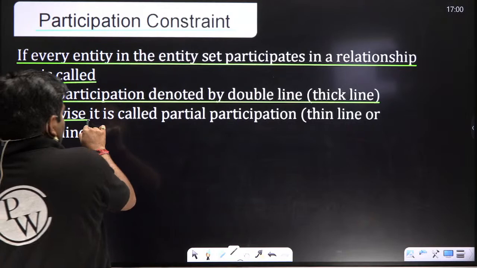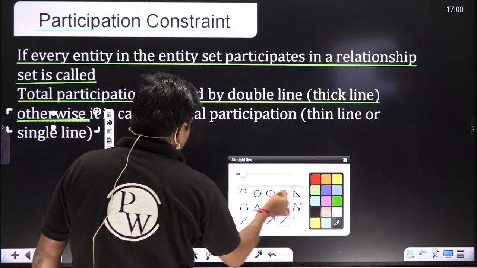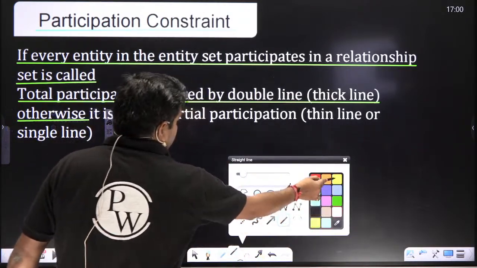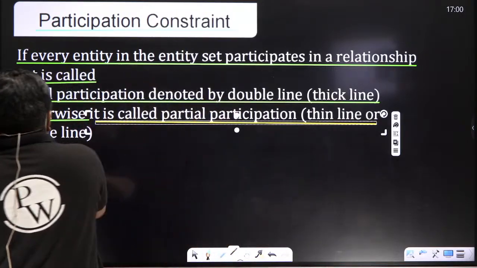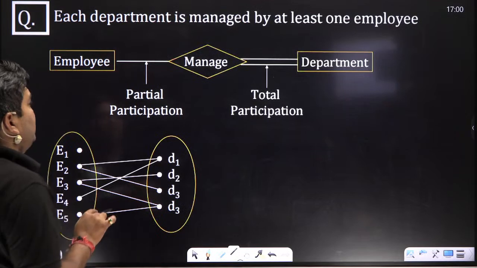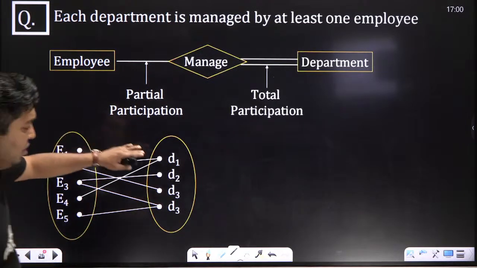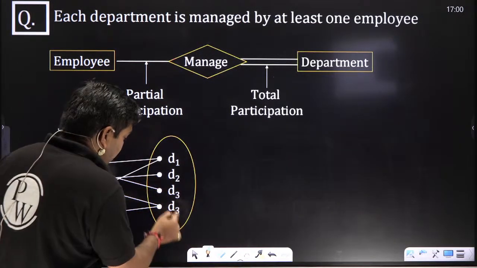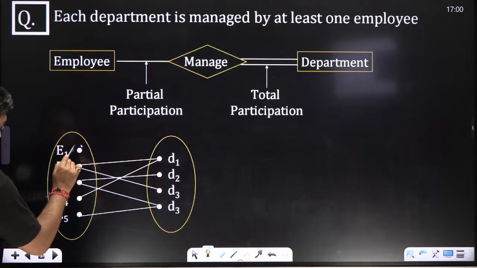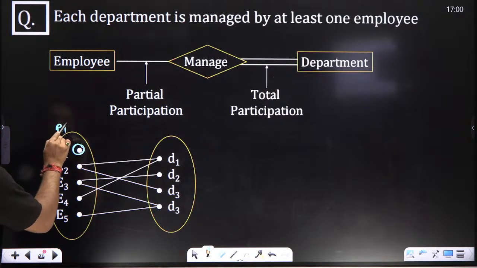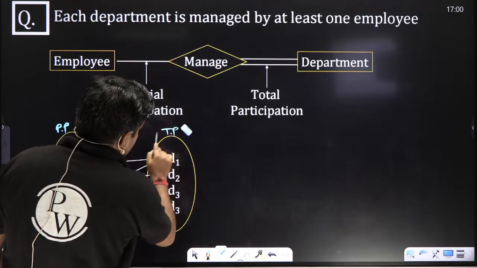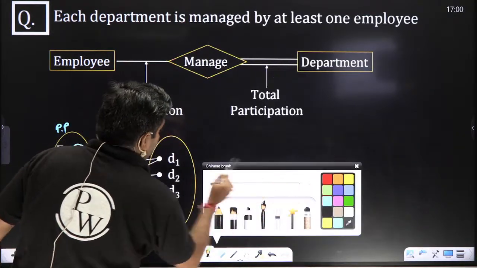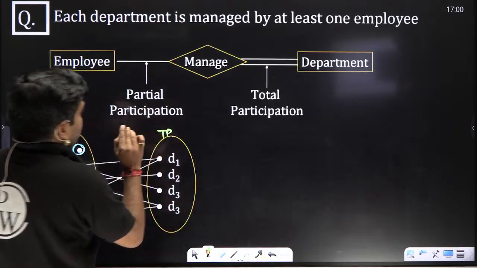Otherwise it is called partial participation, a single line. Clear? Like here you can see, all are participating here. Here this one is missed, so here is partial participation. Here there is a total participation.